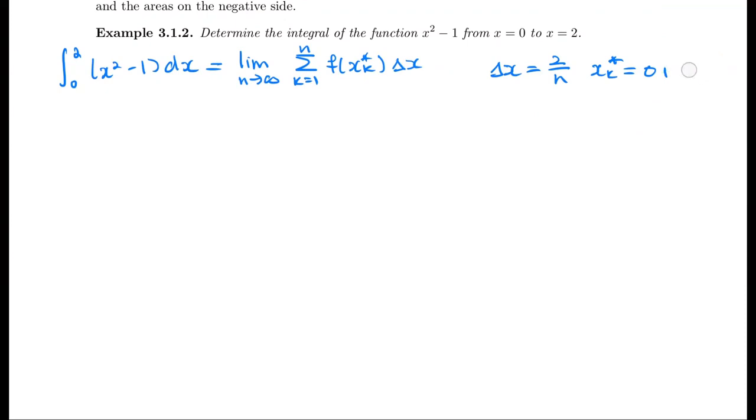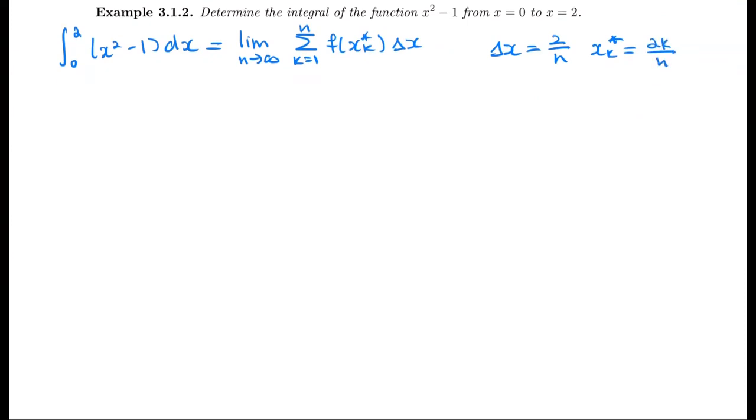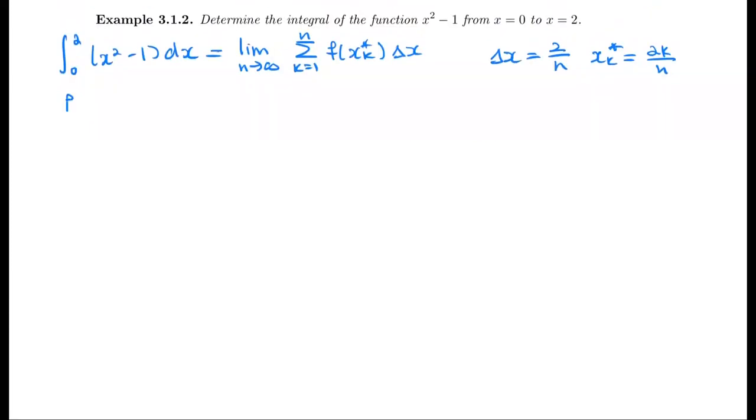So that's just going to be 2k divided by n. All right. So now f of x k star is just going to be, so that's (2k divided by n) squared minus 1, or 4k squared divided by n squared minus 1, right?